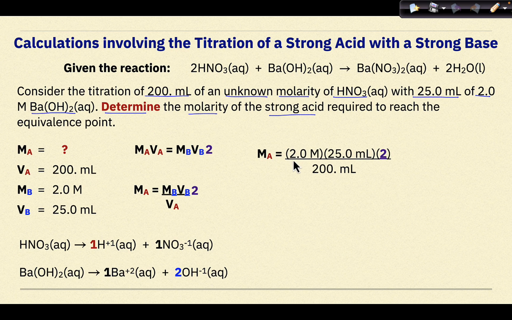So MA is equal to 2.0 molar times 25 milliliters times 2 divided by 200 milliliters. When we do our calculations, the molarity of the acid is 0.50 molar to the correct number of significant figures. Paying attention to that mole ratio is very, very important.